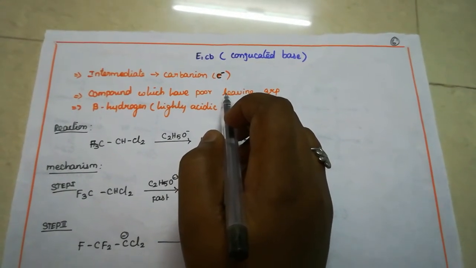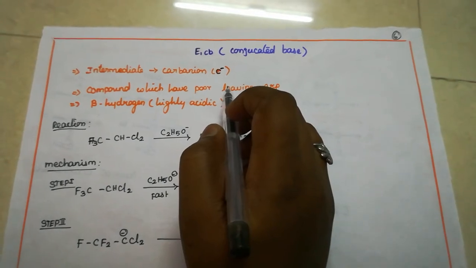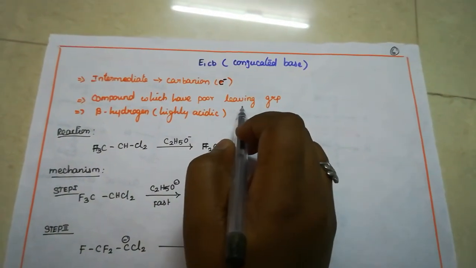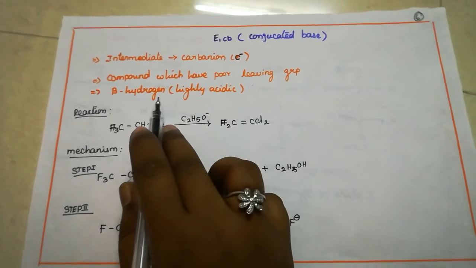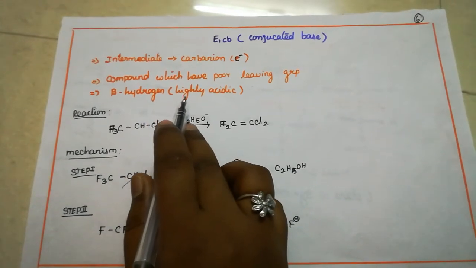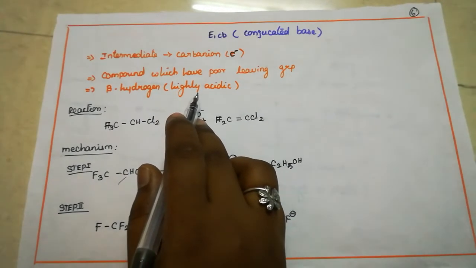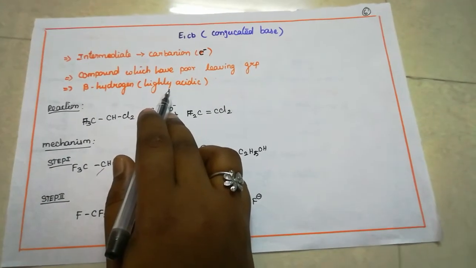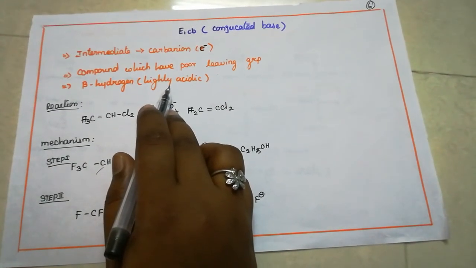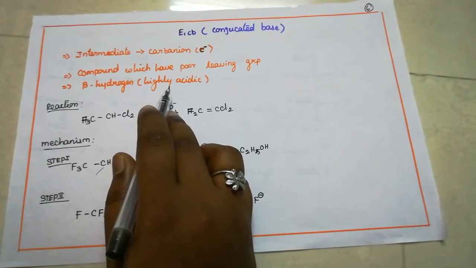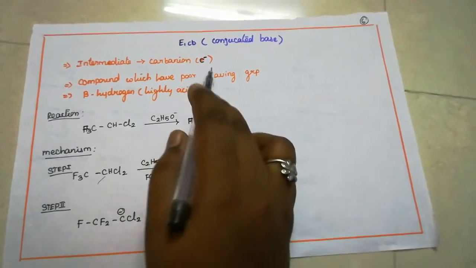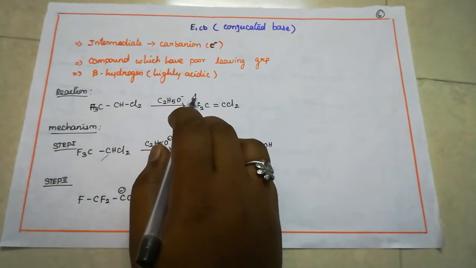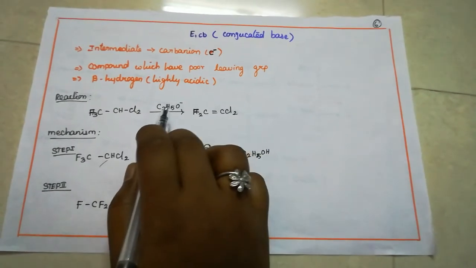So we select the compound which has a poor leaving group. Third point is that beta hydrogen should be highly acidic in nature, so that the base can abstract it and form the carbanion.